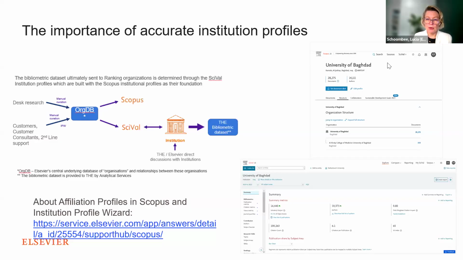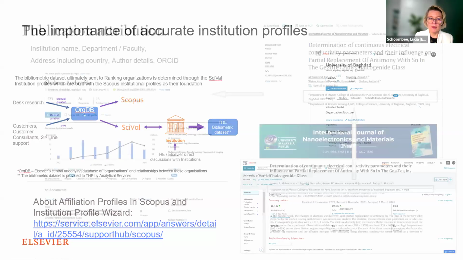Here I'm showing both. This is University of Baghdad within Scopus and the University of Baghdad in SciVal, and you can link through to more information about this institution, where you will then see. Hopefully we can do it in the interface.